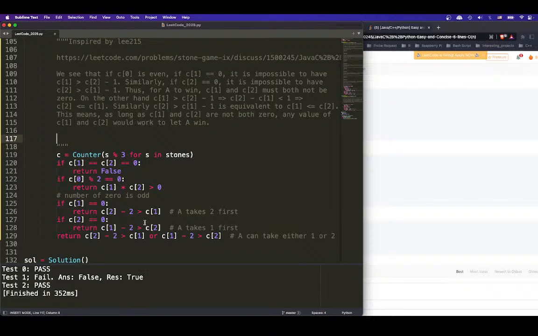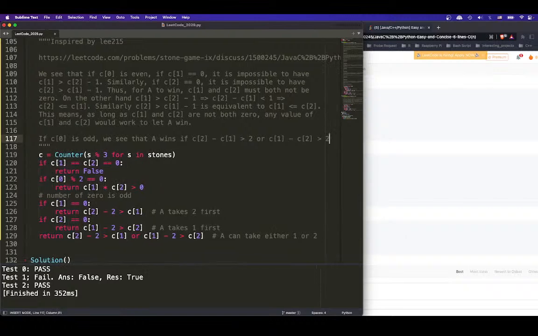So if C0 is odd, we see that A wins if C2 minus C1 is larger than 2, or C1 minus C2 is larger than 2, right?